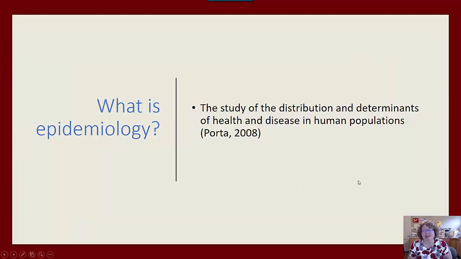Epidemiology is the study of the distribution and determinants of health and disease in human populations. So, in order to know what this means, we have to decide what health is. Originally, the definition of health was the absence of disease. Today, we take a more comprehensive view and consider the whole person.